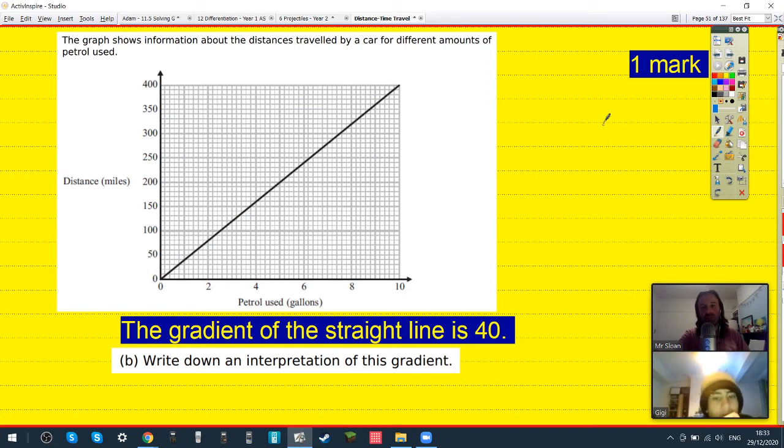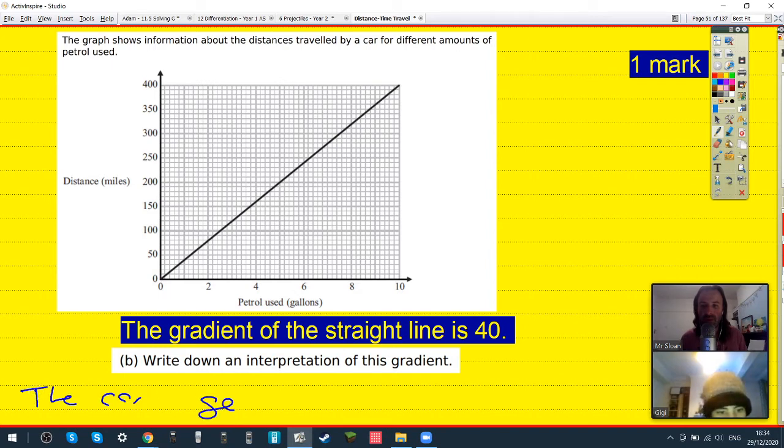Okay, how about this? The miles per gallon of petrol used is 40.